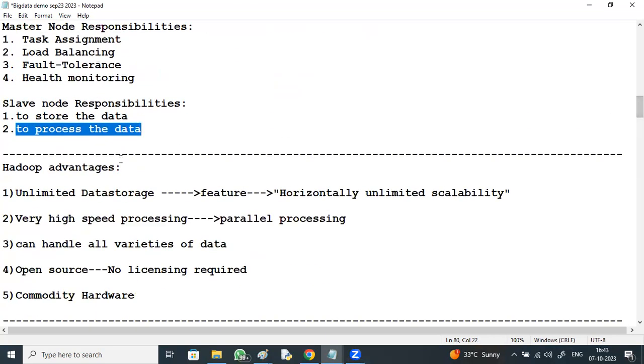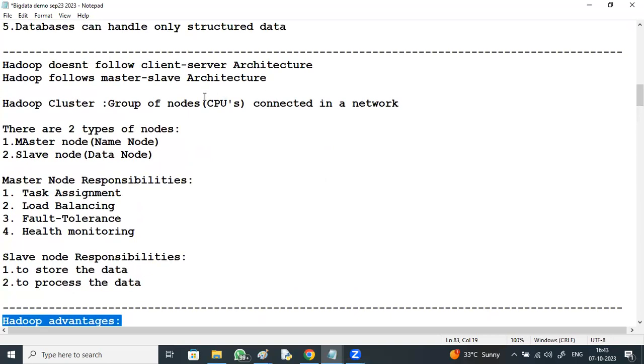Hadoop advantages. Now coming back to the discussion we had, later I will discuss in brief about the Hadoop architecture, storage architecture and processing architecture.